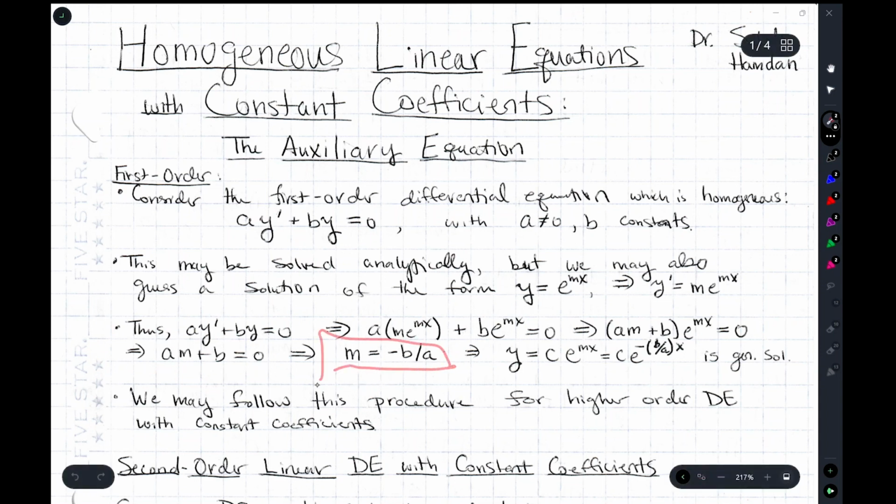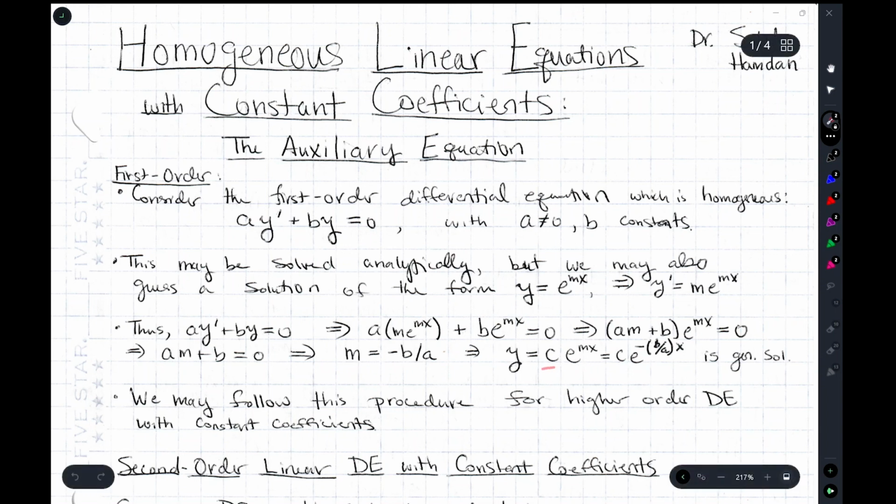We solve for m, and we get that m needs to equal negative b over a. This is telling us that we guessed correctly for our general form, okay? So we made the right assumption, and indeed we do get a solution if m is equal to negative b over a. Now for a homogeneous equation, a constant multiple of a solution is also a solution.